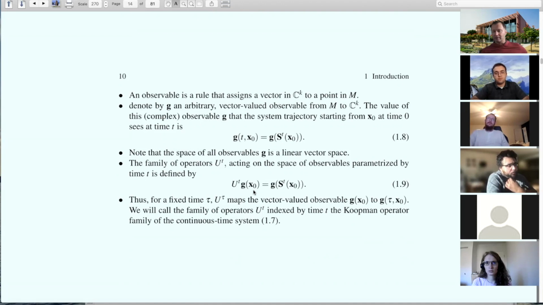Think of M being just a real line or a plane or even a circle or a sphere. So it's a continuous space. Then the dimensionality of the function space itself is infinite, right? Because there is an infinity of functions that you can define on those spaces.